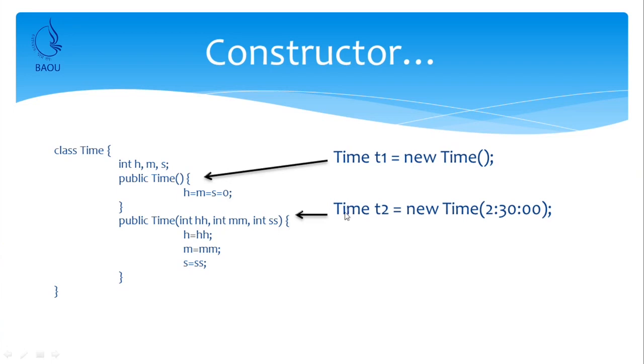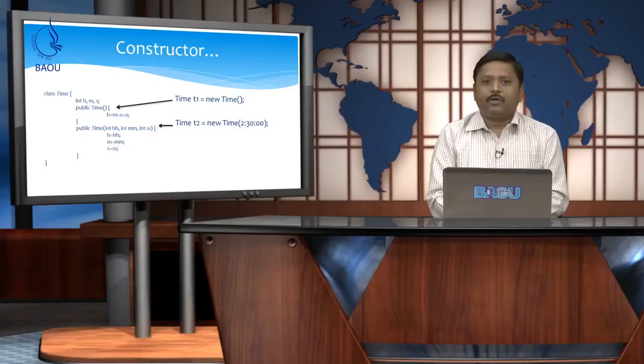So, I can write Time t2 = new Time, and here instead of colon we have to use comma. So, that is a mistake. I can write 2 comma 30 comma 0. So, it will initialize hour to 2, minutes to 30 and second to 0. So, this is how we can define a constructor.